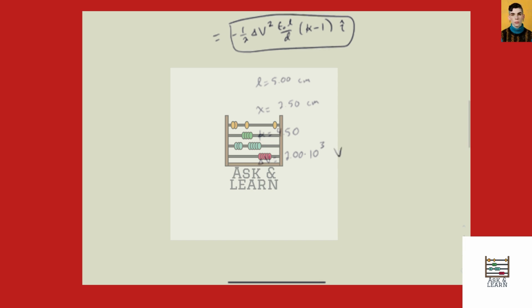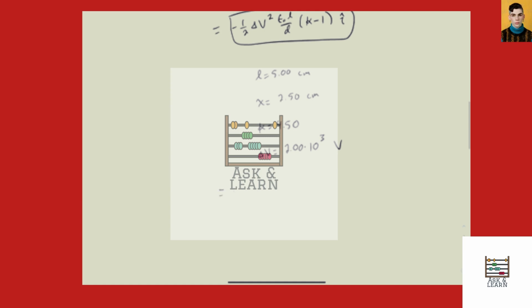So now let's plug in these numbers. We're going to get minus 1/2 times 2 times 10 cubed. And then we have epsilon naught is 8.85 times 10 to the minus 12. L is 5 centimeters, but we want that in meters, so that's going to be 0.05 meters.